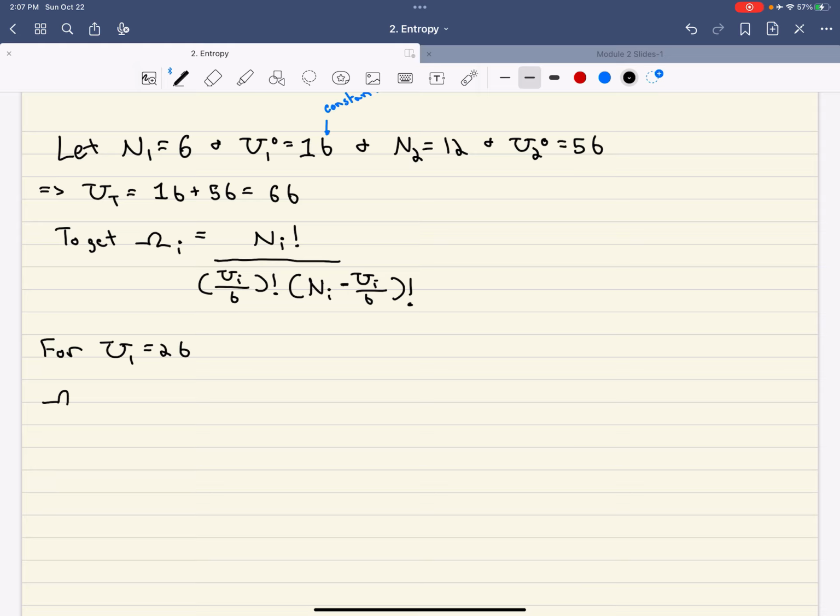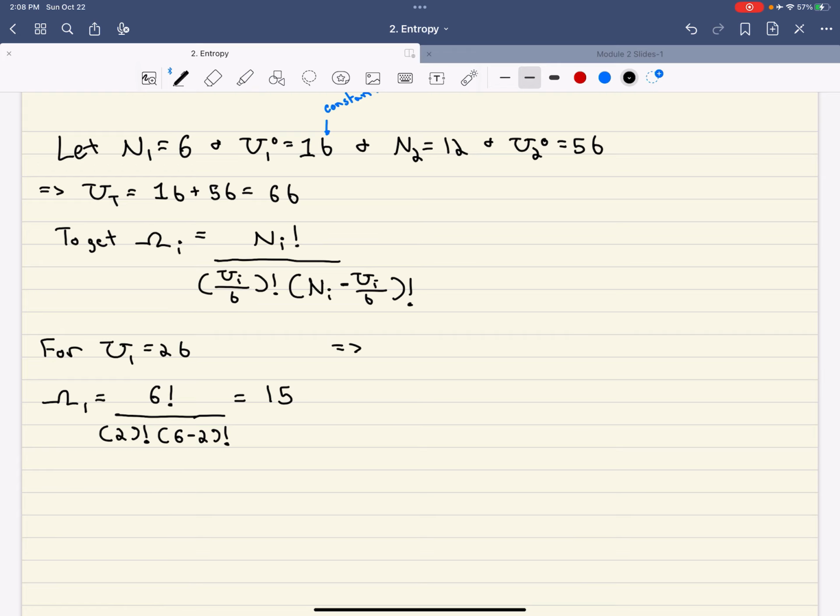In that case, the total number of microstates for subsystem 1 would be: we have 6 molecules, and we would divide it by 2, because that's the number of molecules that are in the excited state. And then we would take 6 minus 2, take that factorial, because that would be the number of molecules not in the excited state. And so the total omega for subsystem 1 would just be 15.